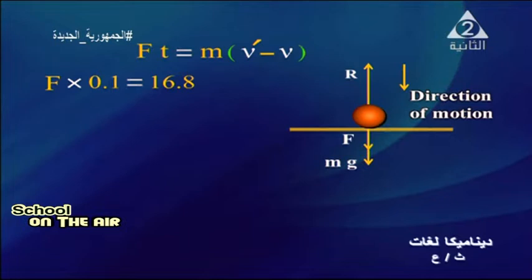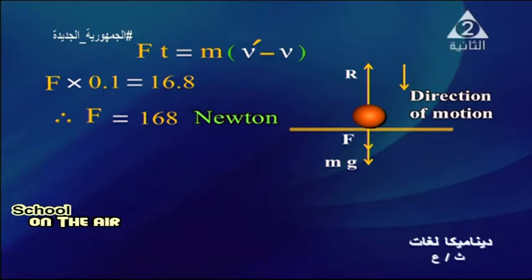Then F times the time of contact, which equals 0.1 second, equals the change in momentum, which equals 16.8 Newton second or kilogram meter per second. Then the force equals 168 Newton. The impulsive force equals 168 Newton.